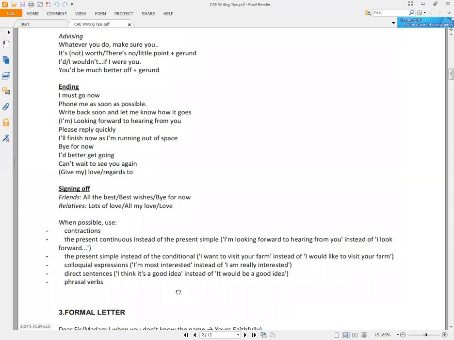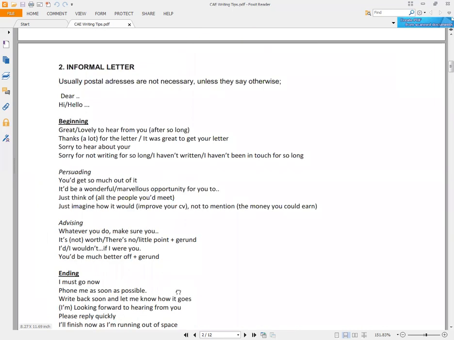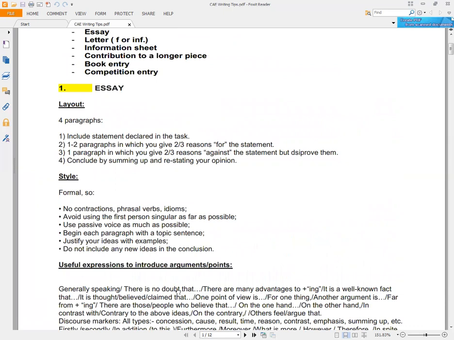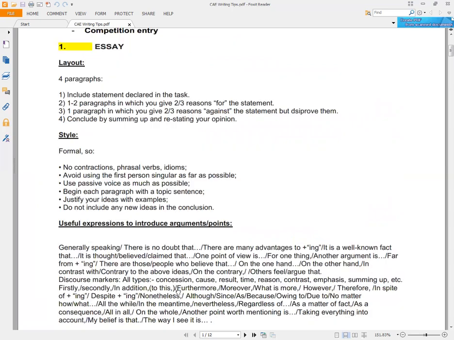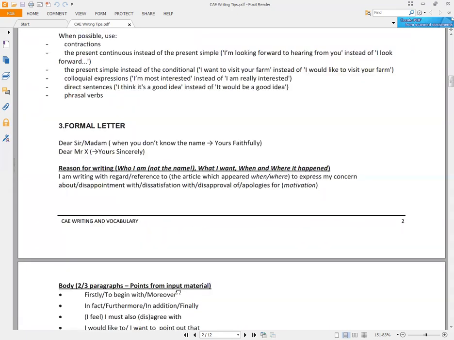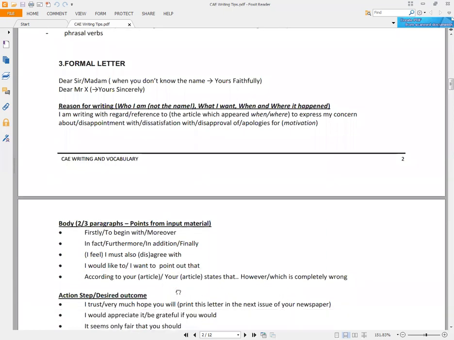So those are the ways you can use to write an informal letter. We started with the essay to express two-sided points of view, and number two, we have gone through informal letters. Next session, inshallah, we will go through a formal letter and what words and expressions we can use.